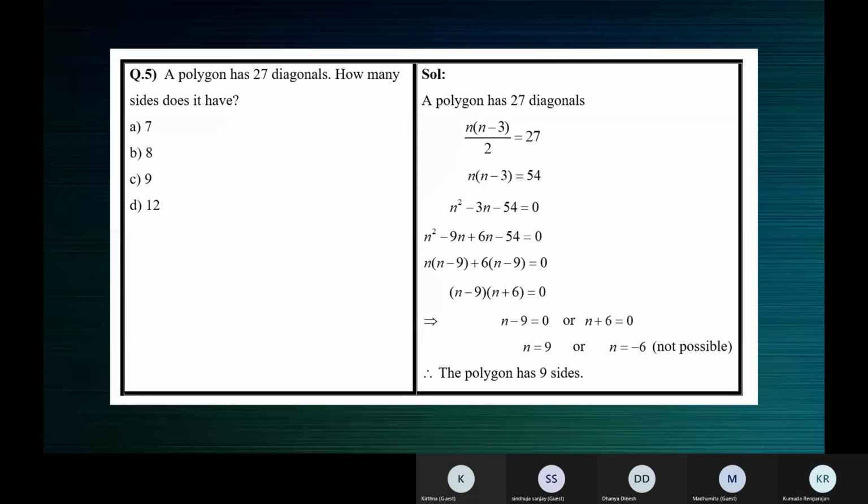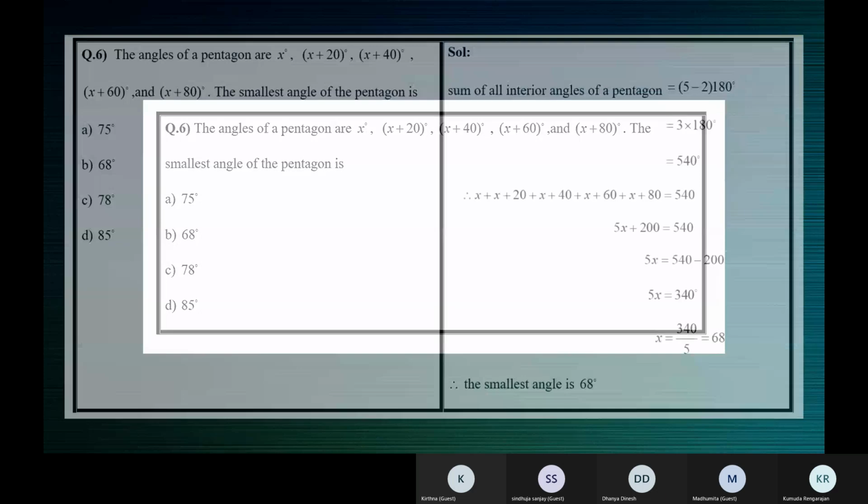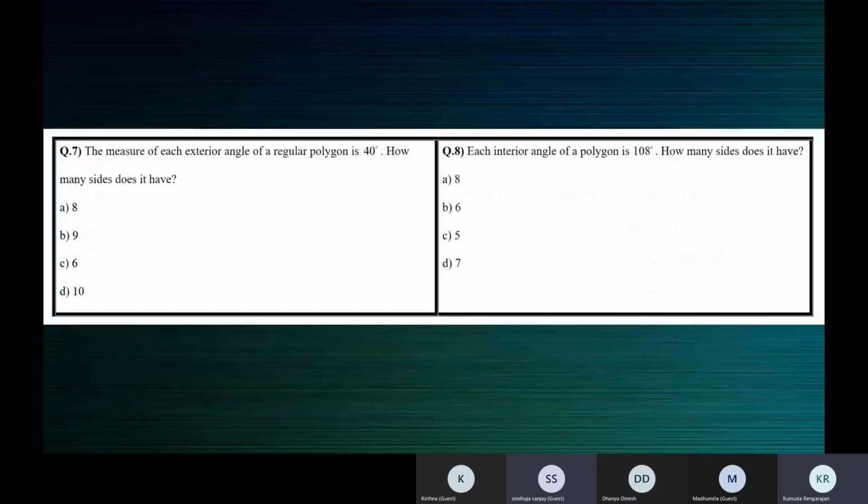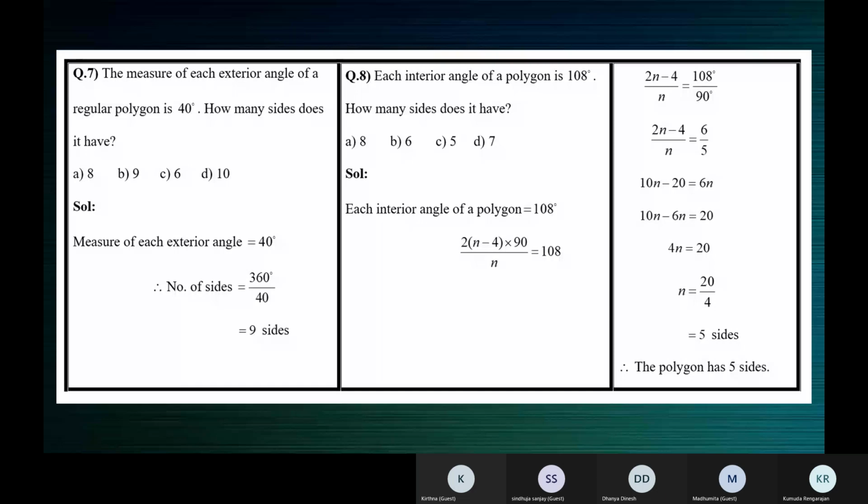Take a picture. Also take a picture. You can complete this. Ma'am, we completed. Take a picture of this one too.